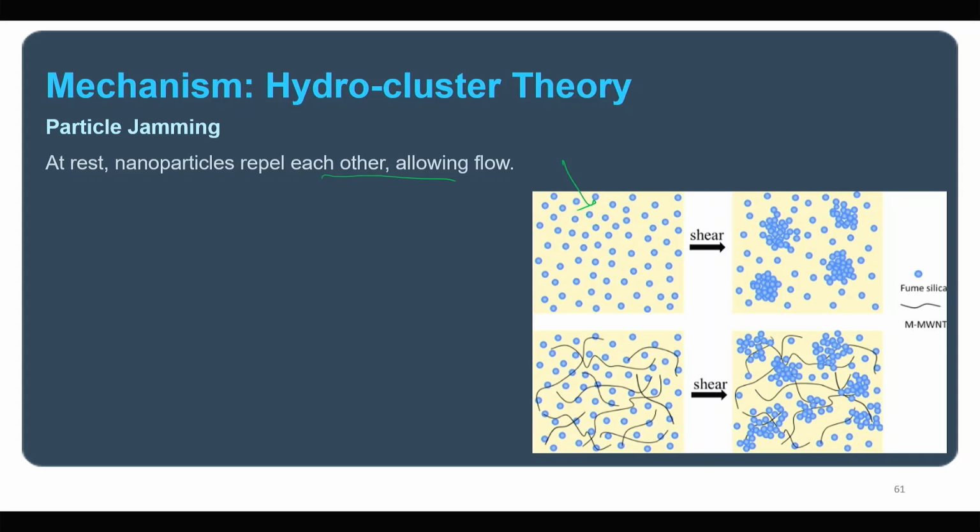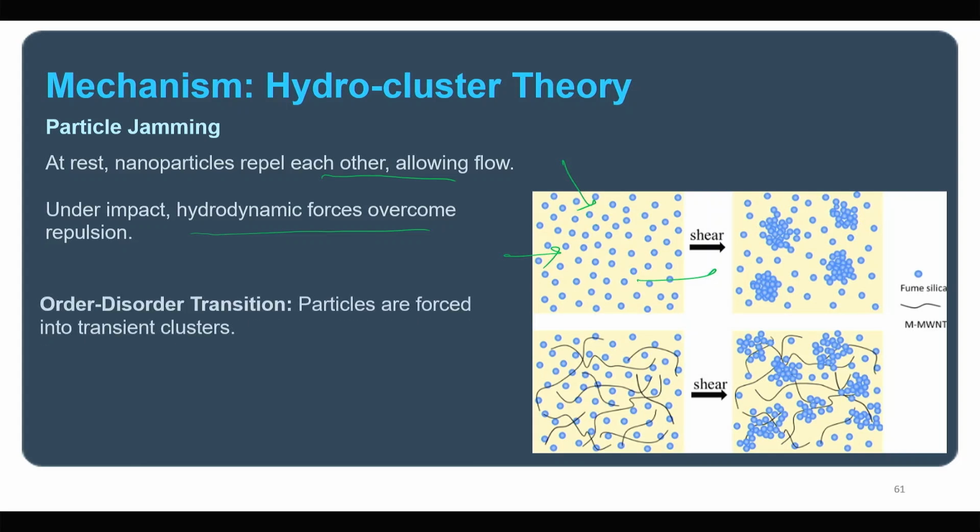But when we have a high shear rate, under impact, the hydrodynamic force overcomes this repulsion. With a sudden impact, the hydrodynamic force will overcome the repulsive force, and in this order-disorder transition, particles are forced into transient cluster formation.